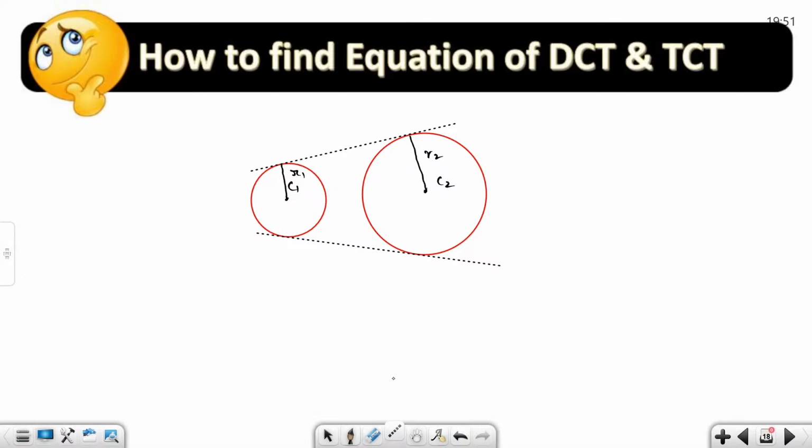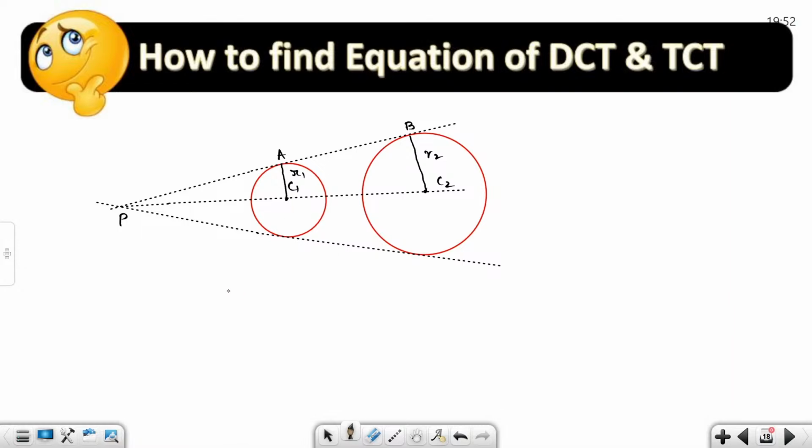Now what I'm trying to do is extend the line joining these two centers, and extend the direct common tangents such that they meet the extension of the line joining the centers, let us say at P. Let us say this point of contact be A and this be B.